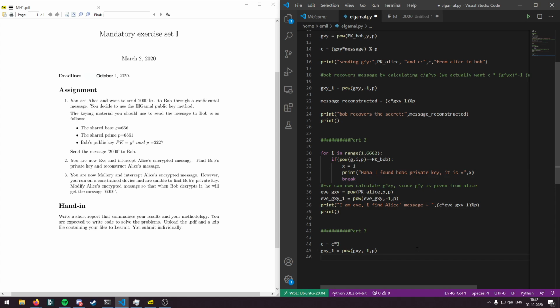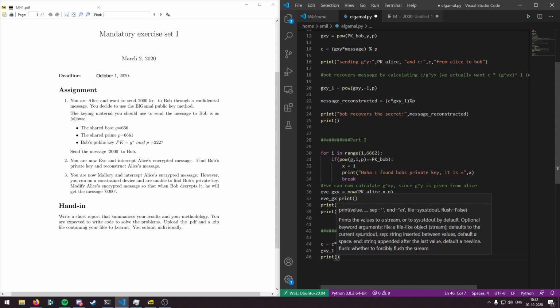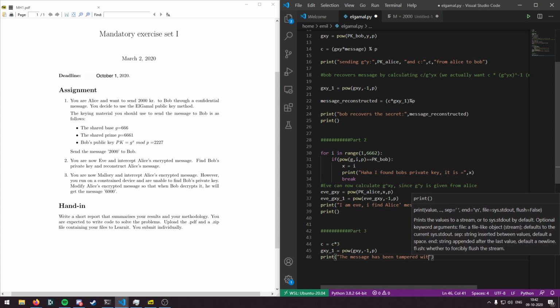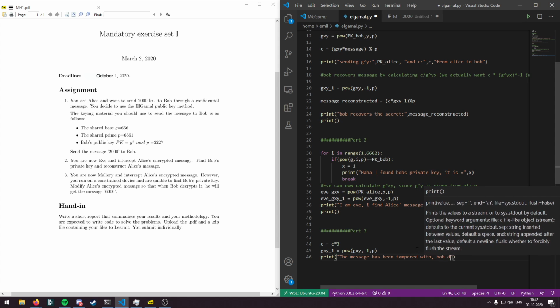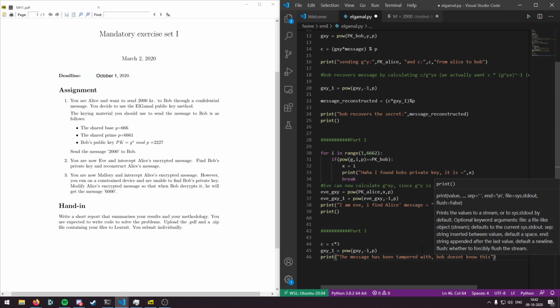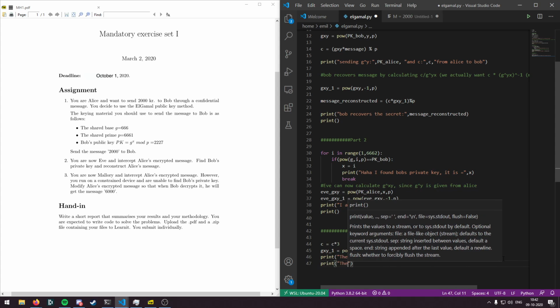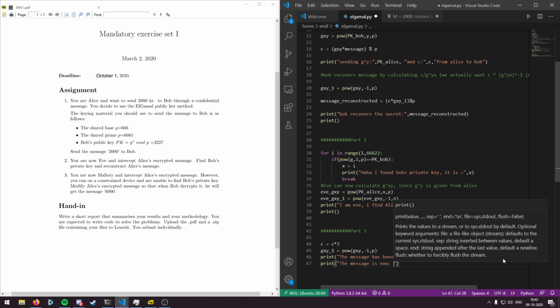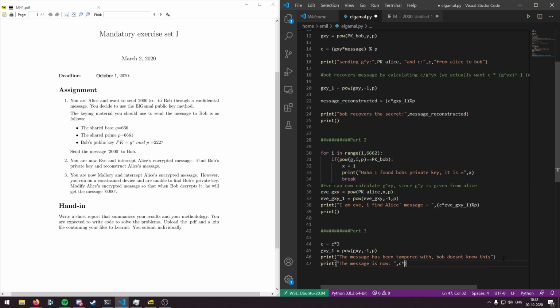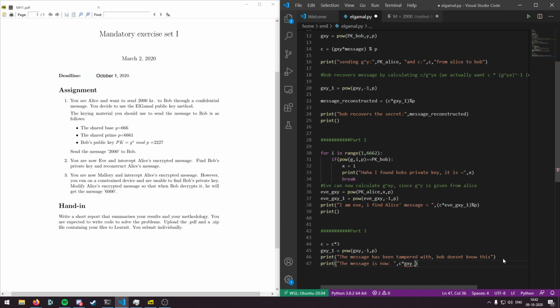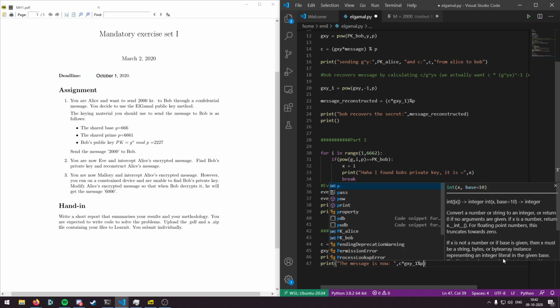And then print Bob, now let's say the message has been tampered with. Bob doesn't know this. The message is now C times gxy minus 1 modulo p.